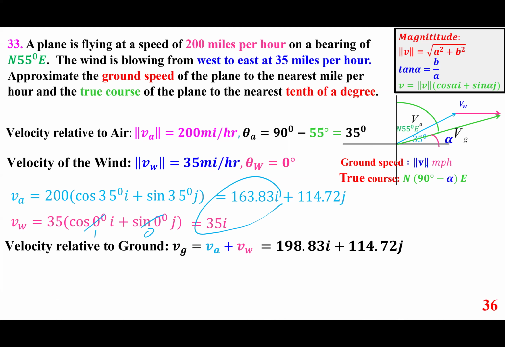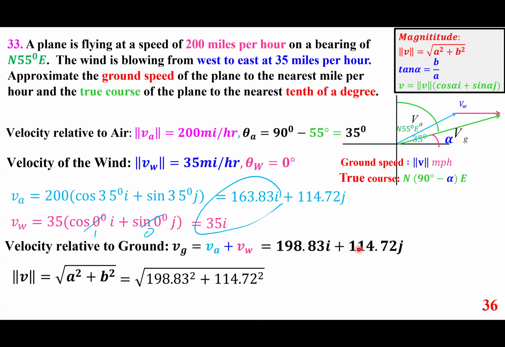We can find the magnitude, square root of a squared plus b squared, which means square these, add them up, put it into a calculator, and that gives you about 230 miles per hour. Then to find alpha, tan alpha is b over a.